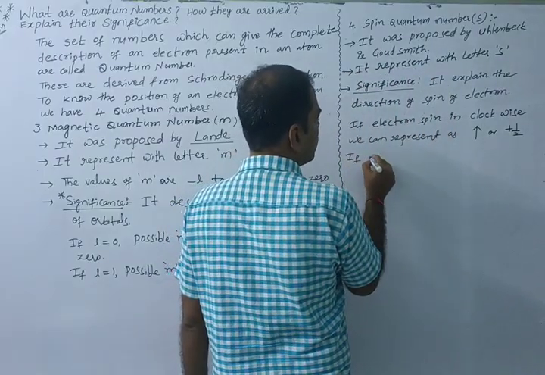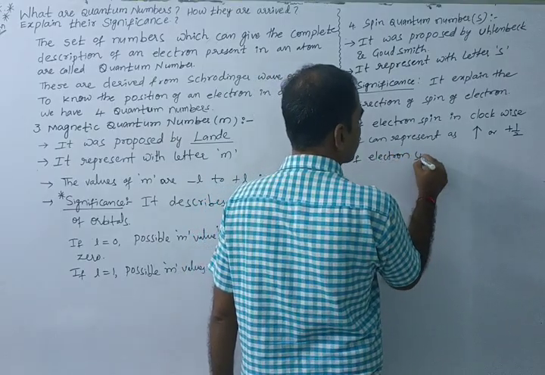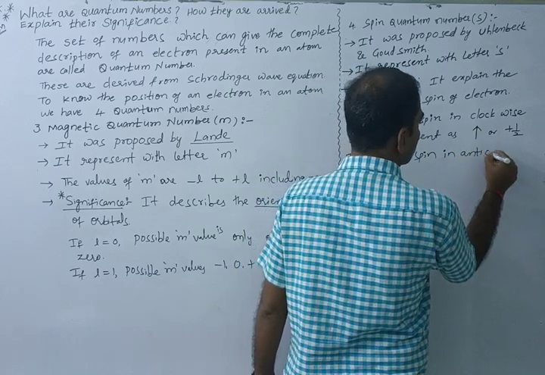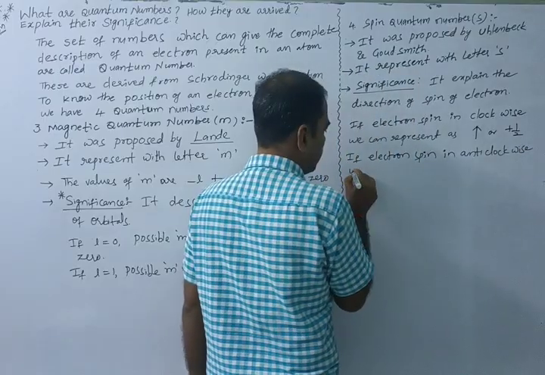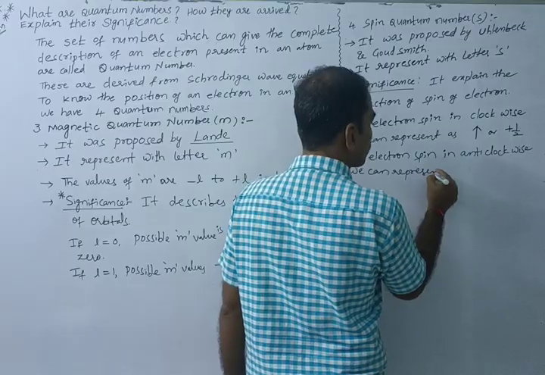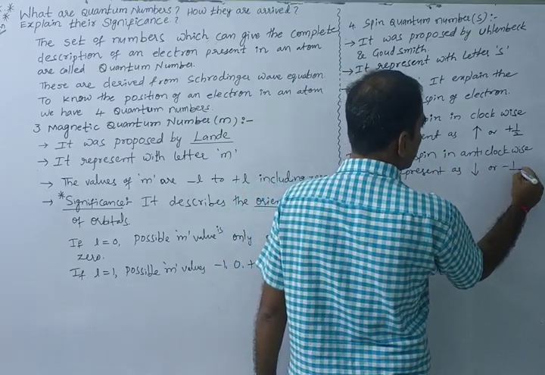If the electron spins anti-clockwise, we can represent it as downward arrow or minus half.